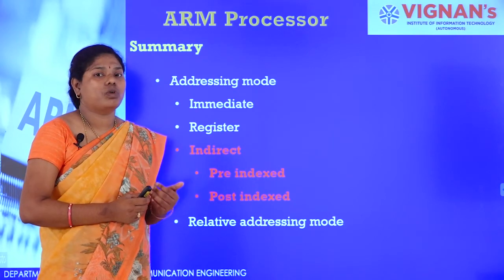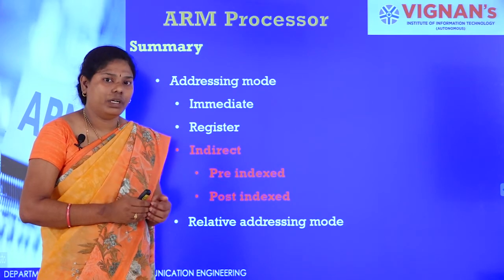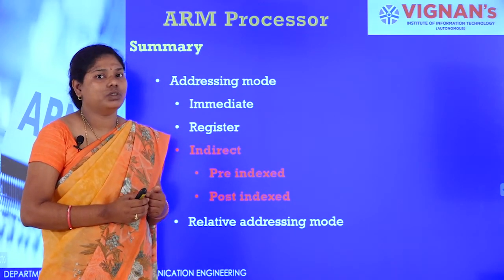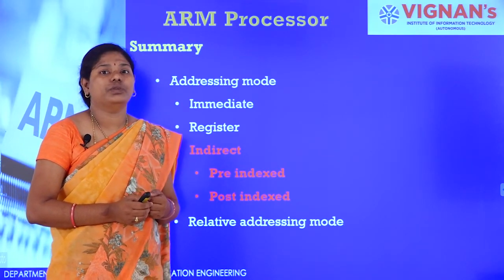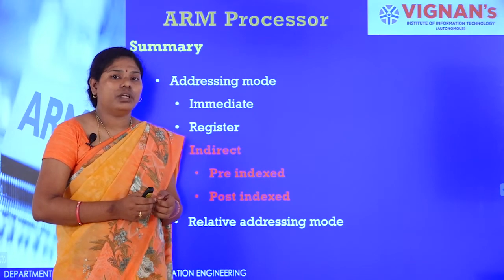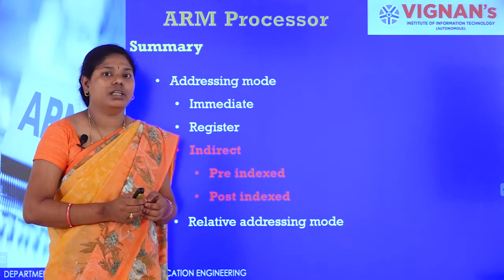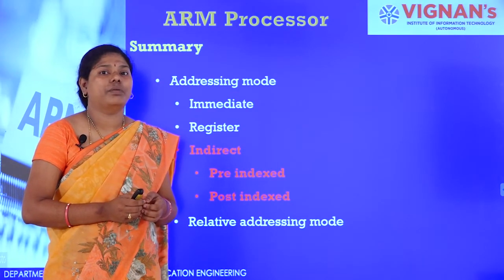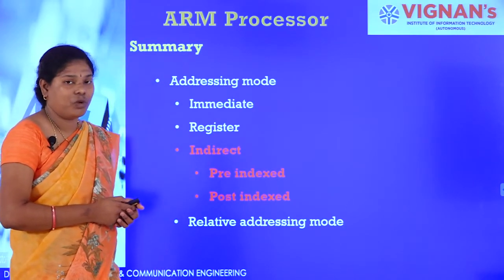Next, coming to post-indexed addressing mode, first the data will be copied, later the register will be overwritten with the new address. Next, relative addressing mode: the effective address is generated by the program counter instead of a general purpose register. These are the addressing modes.